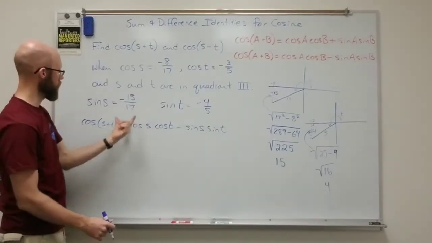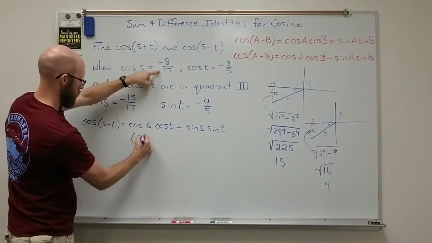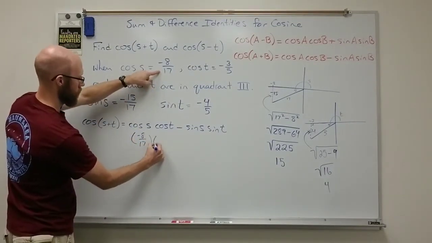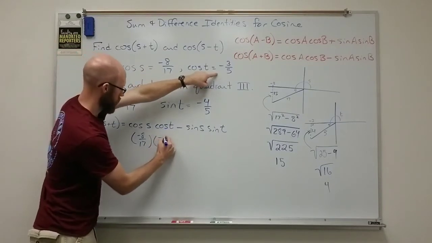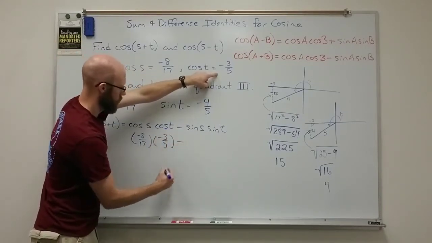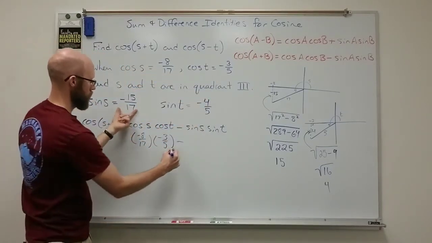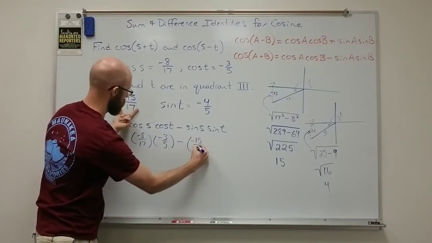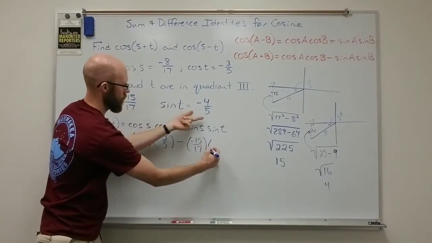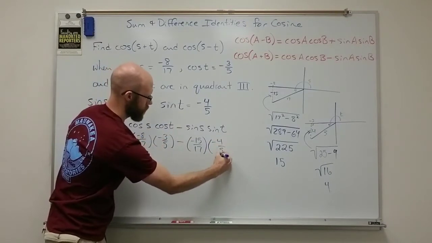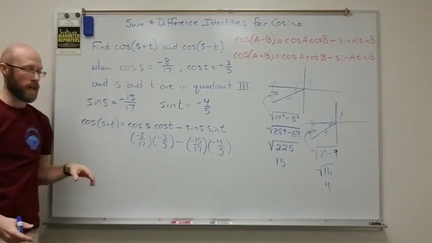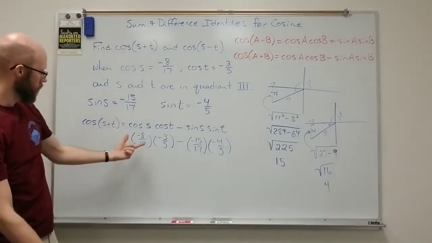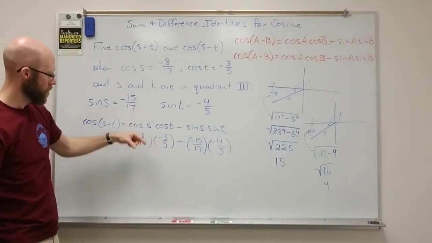So cosine s is -8/17, cosine t is -3/5, sine s is -15/17, and the sine of t is -4/5. All right, got lots of negatives to take care of. Double negative here, they cancel out.